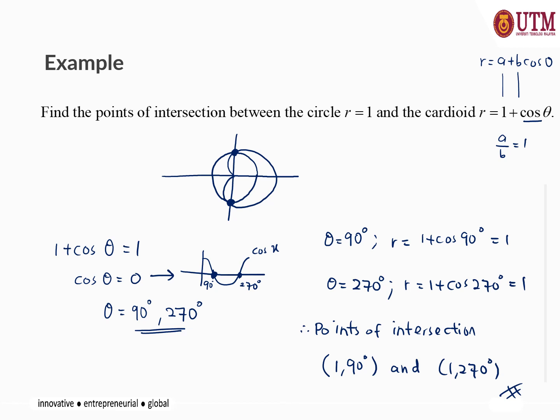So sketching the graph would help you to determine how many points of intersection there are. That's why you need to know the general shape of the equation. Okay, and also you can plot this using theta equals 0 up until 360, or before that, you can test the symmetry to determine what the graph is symmetrical to.